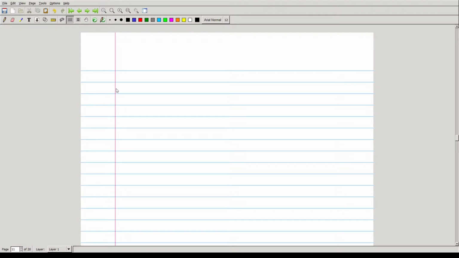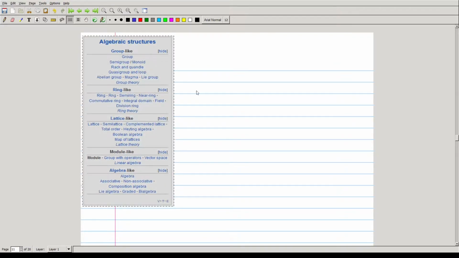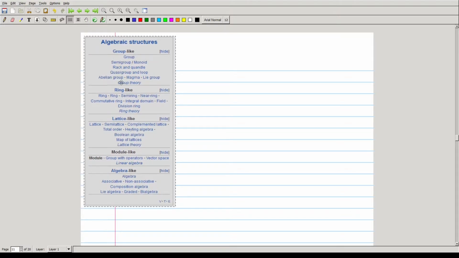And just to show my point here, if we look at this listing of various algebraic structures, you can see very clearly that there are many different types of algebraic structures. And these all have very specific definitions, and there is essentially an axiomatic definition for each one of these structures in terms of our propositional logic and in terms of our axiomatic set theory.